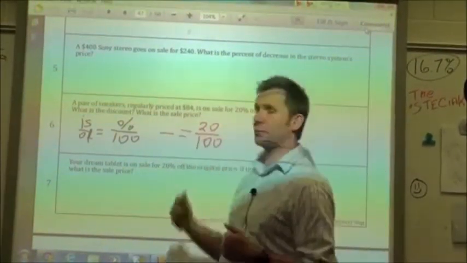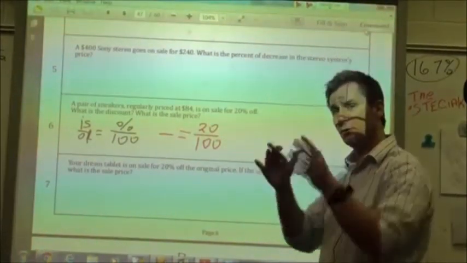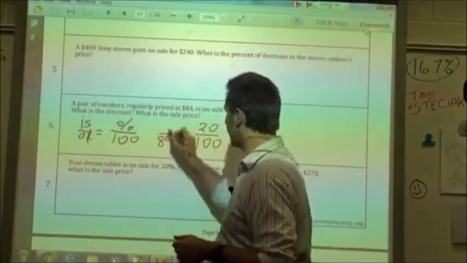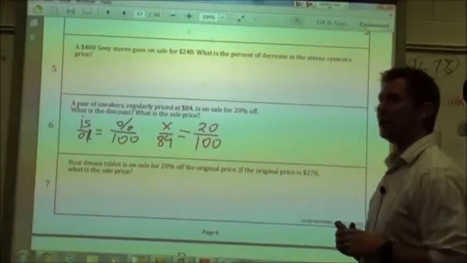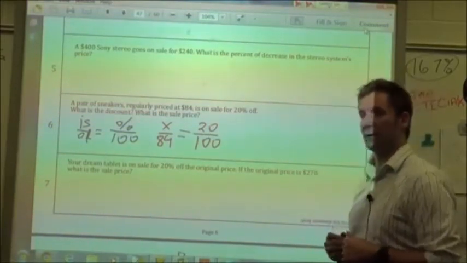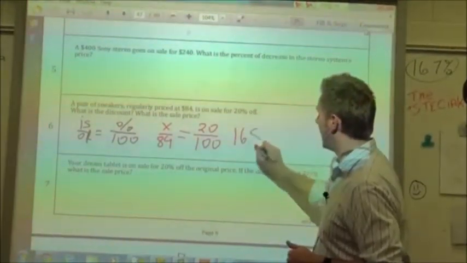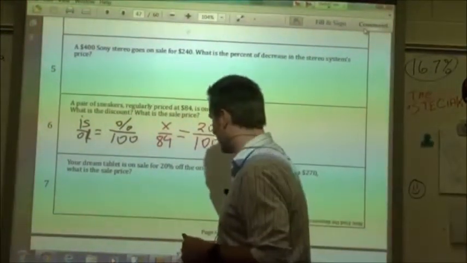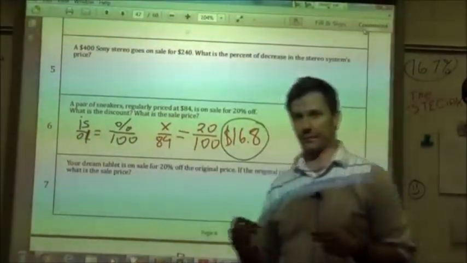We know the original price of the sneakers was $84, and $84 must go on the bottom. Therefore, X goes on top of it. 20% of 84, ladies and gentlemen, is 16.8. That is the value of the discount, the answer to the first question.